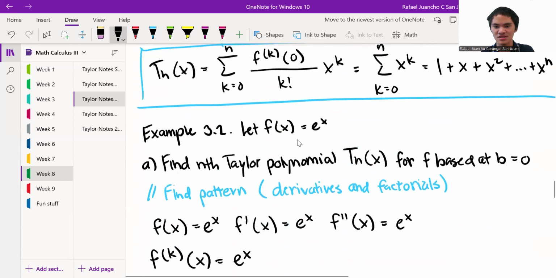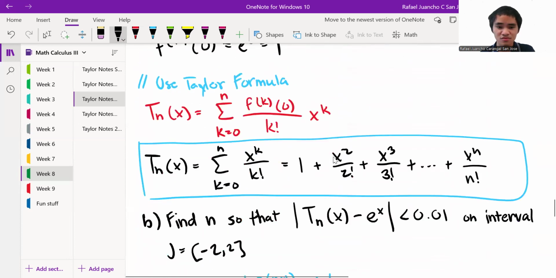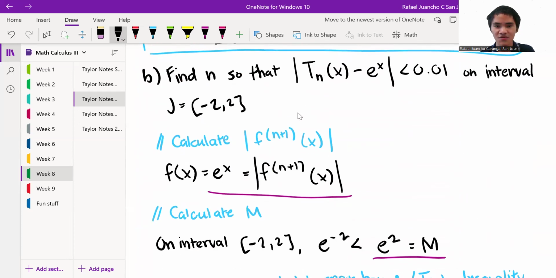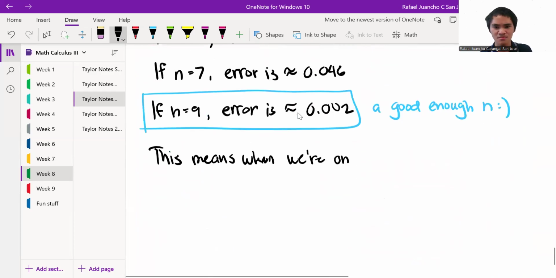So the interval was negative 2, 2. Am I right? Am I wrong? Hmm. Okay.